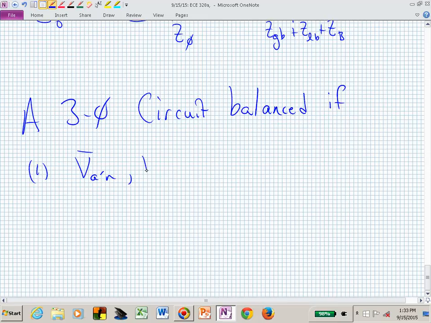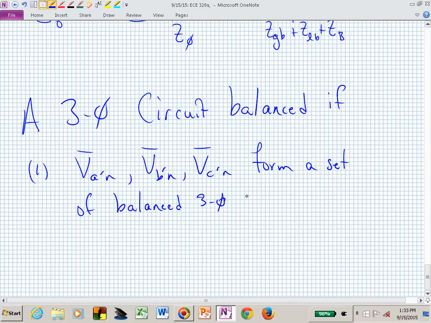V sub A prime N, V sub B prime N, V sub C prime N form a set of balanced three-phase voltages.